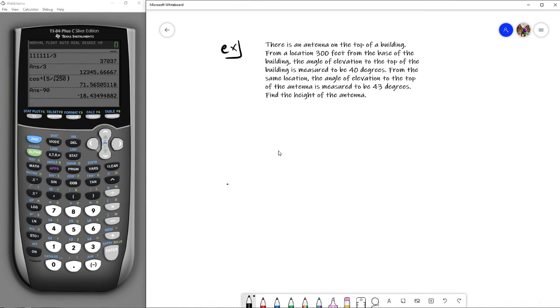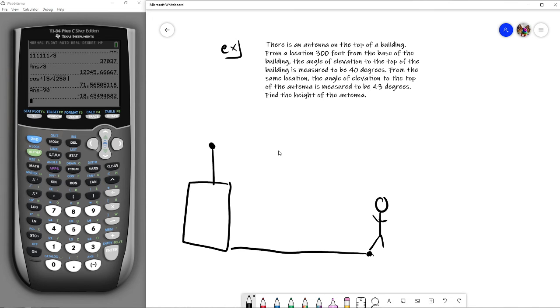So let's see here. Here's our building. Here is our awesome antenna. Okay, and then we got some dude here. So this dude, we're told, is 300 feet.